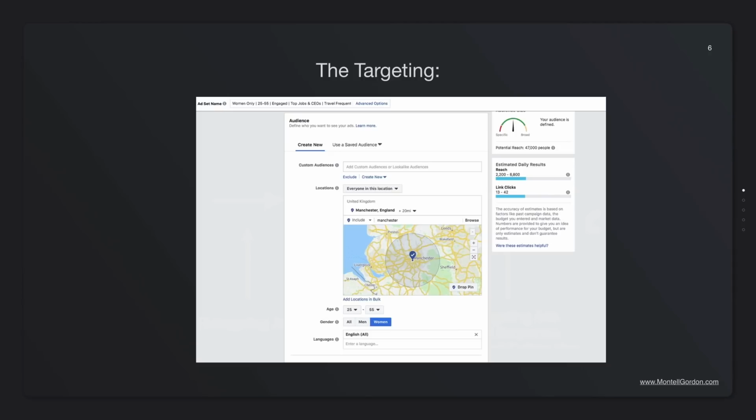You can see that I targeted women aged 25 to 55, women only, who speak English. And that gave us a potential reach of 47,000. You're probably going to see that number change because I was tweaking and playing around with stuff, but I'm sure you can get the general idea that we can target people within a certain radius. The reason behind targeting people who are 25 and above is sort of an income thing.